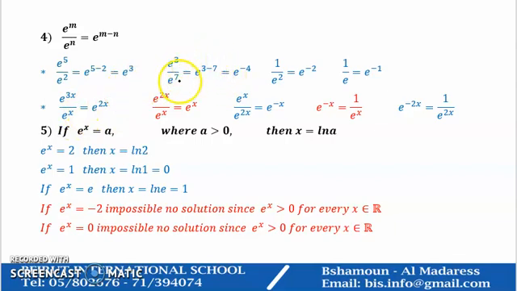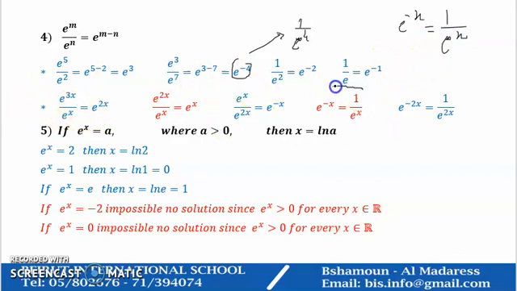Even here I have e^3 over e^7. It will be e^(3-7), e^(-4). If you want, you can even write it as 1 over e^4. And 1 over e^2 equals e^(-2), 1 over e equals e^(-1). If I have e^(-x), I can write it as 1 over e^x.